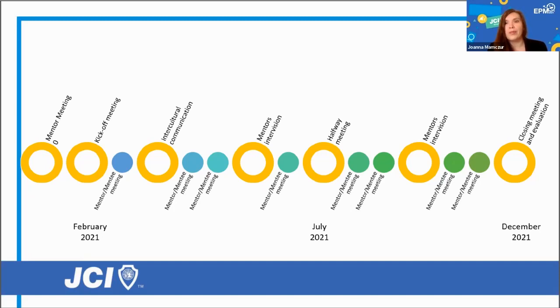The matchmaking process has already been completed. It started 2 months ago, and now it's the time to actually put it in action. And the mentors and mentees will be identifying the areas that they need the support with and working on implementing the necessary steps and changes.